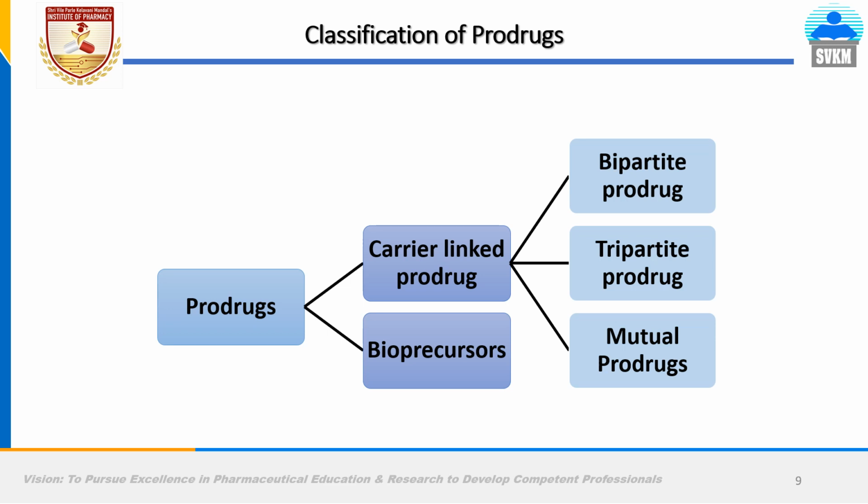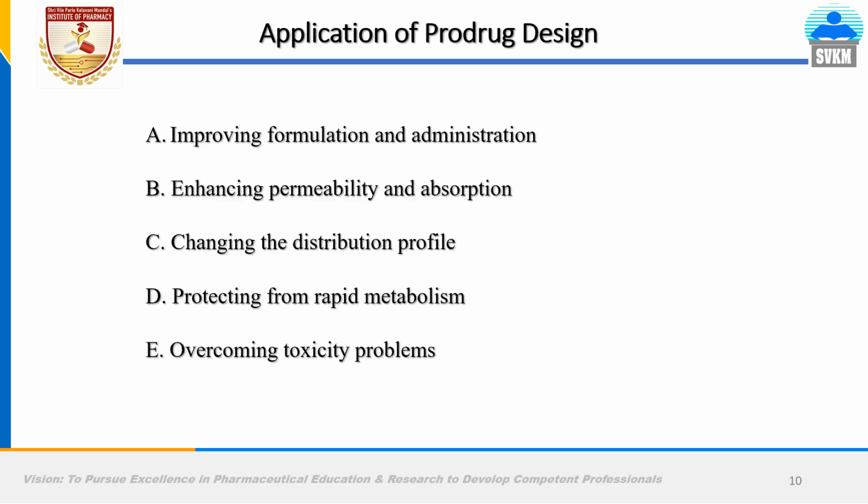We can also classify the carrier linked prodrug as bipartite, tripartite, and mutual prodrugs. Bipartite means two components combined together, tripartite means three components combined together, and mutual prodrug means one drug behaves as the pro-moiety for another. So these are the classifications, and we are converting the parent drug into the prodrug.